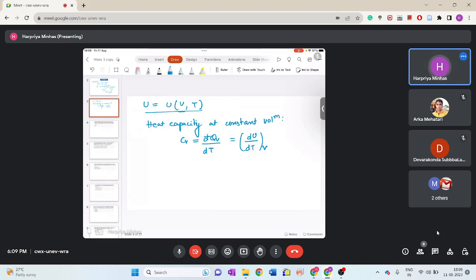Similarly, keeping the energy U as a function of pressure and temperature, and again expanding by differentiating the terms with respect to pressure and with respect to temperature, we get the heat capacity at constant pressure, and we denote it by Cp.